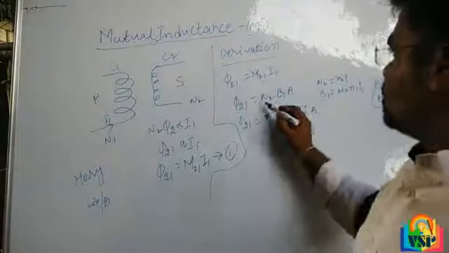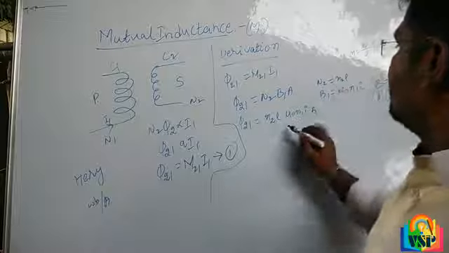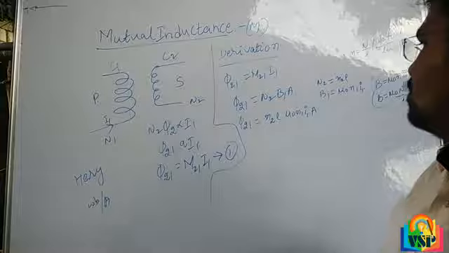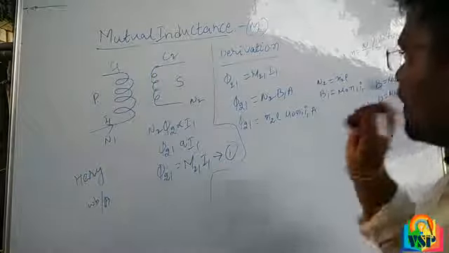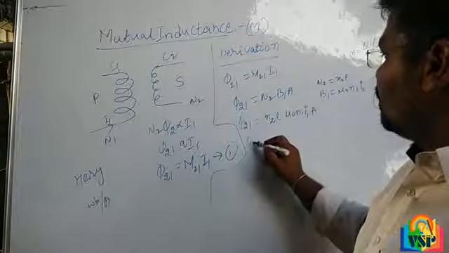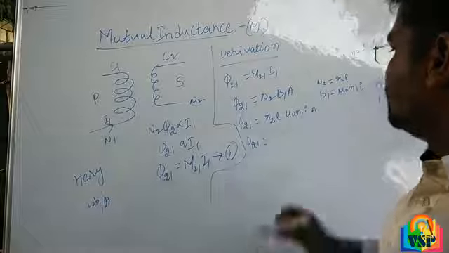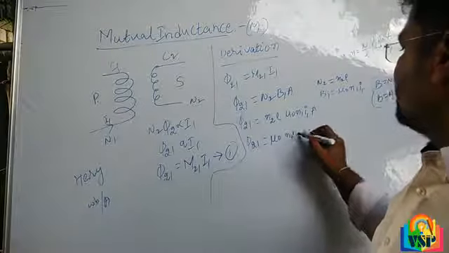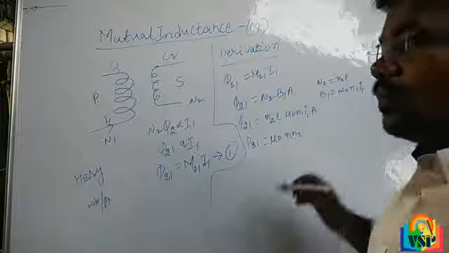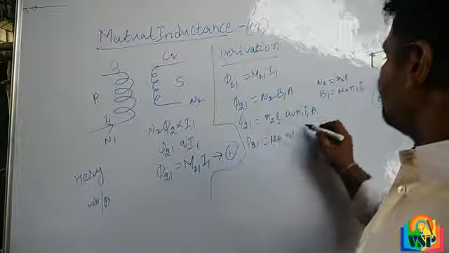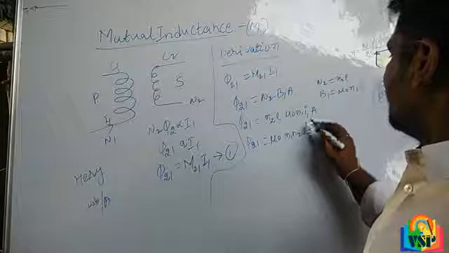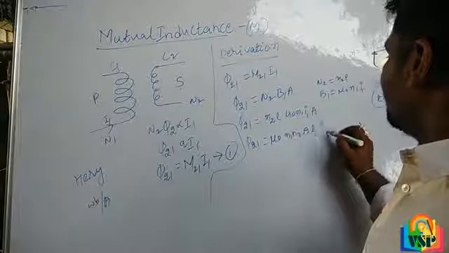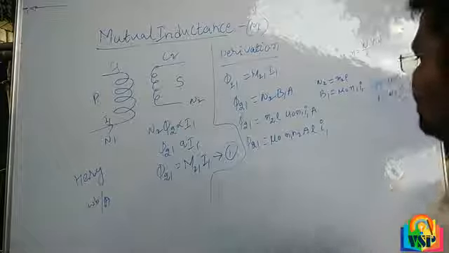Okay, phi 21 is equal to N2, means n2 L, B1 means mu naught n1 I1, into A. Understand? So we can write phi 21 is equal to mu naught n1 n2 A L into I1. Understand?